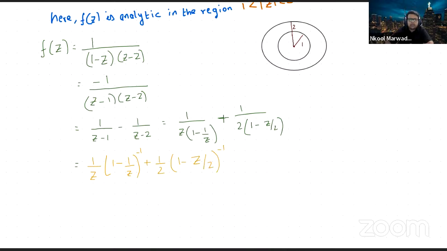And for this, we have a formula. Let us try the expansion of this.